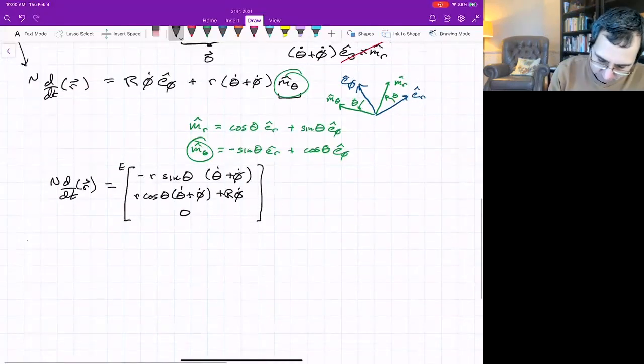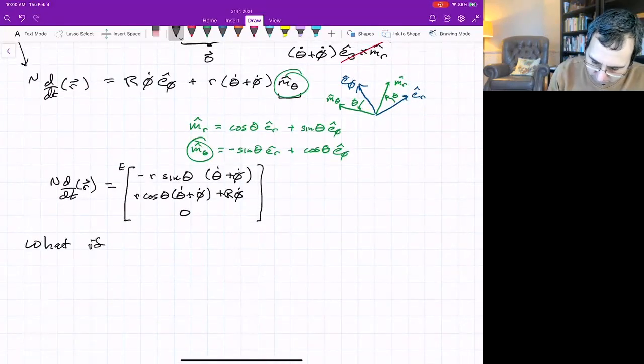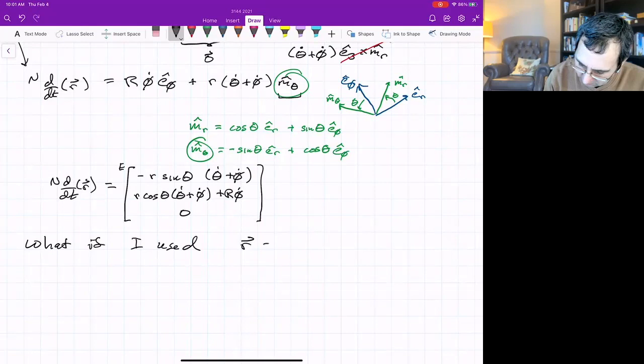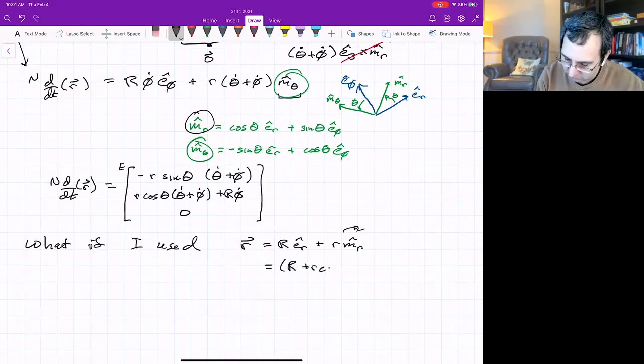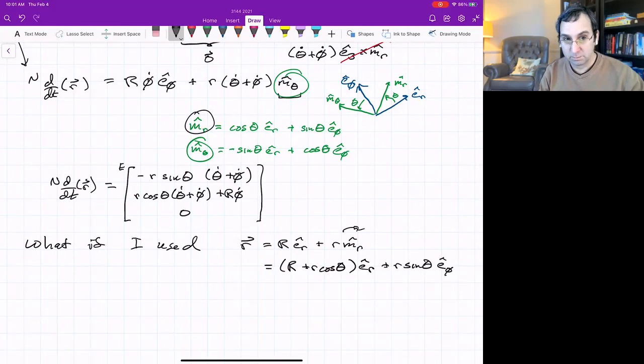All right, so what if I used R equals big R ER plus little r MR, and then I just substituted in MR written in terms of the E frame components. Then this vector would be big R plus little r cosine theta ER plus little r sine theta E phi. So now it's written completely in terms of the E frame.